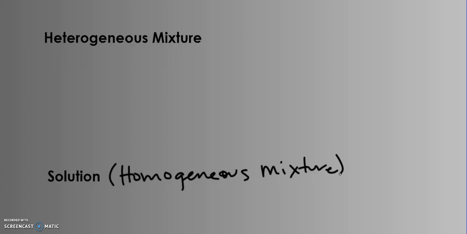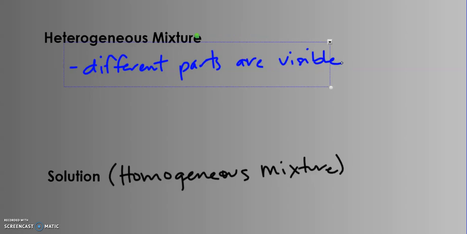The difference between them is a heterogeneous mixture, everything looks different. Okay, you can see different parts. Different parts are visible. Whereas in a solution or a homogeneous mixture, it all looks the same.